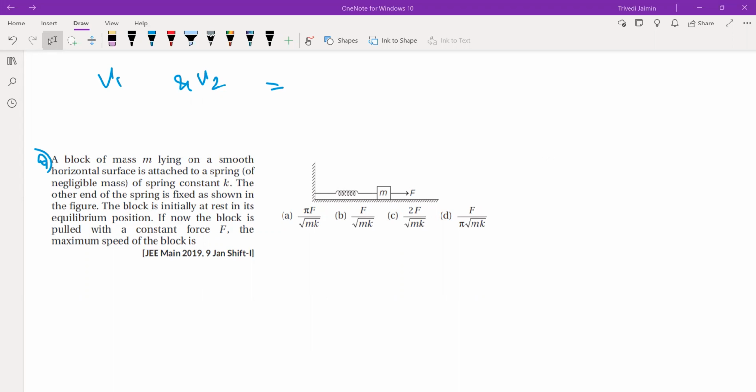It will be in equation form. So first, work done equals change in kinetic energy. So net work done equals work done by the external force plus work done by the spring. Both you can add.